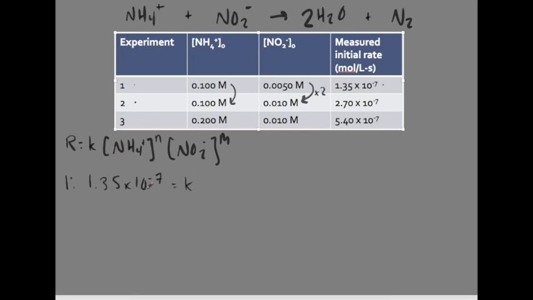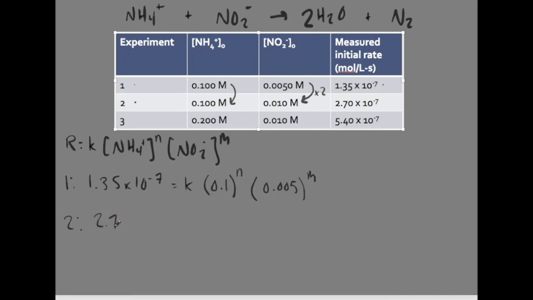When the rate was that value, I know what the concentration of NH4 was. It was 0.1. So I can plug that in, 0.1 to the power of N. And I know what the initial concentration of NO2 was. It was 0.005 to the power of M. I'm going to flesh that exact same thing out for reaction 2.